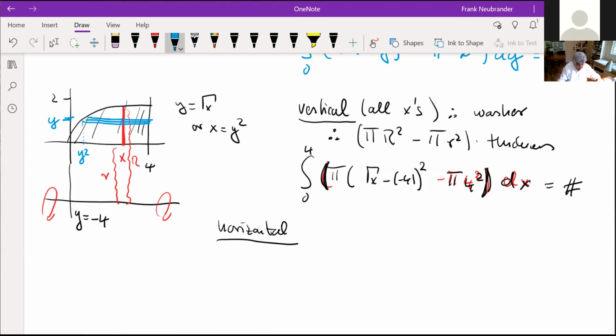And if I rotate the blue rectangle about the line y equal to minus 4, everything has to be in y's. Horizontal always means everything has to be in y. And in this case, that is now different from case to case, we will get a shell where we have 2 pi radius times height times thickness as our base formula.